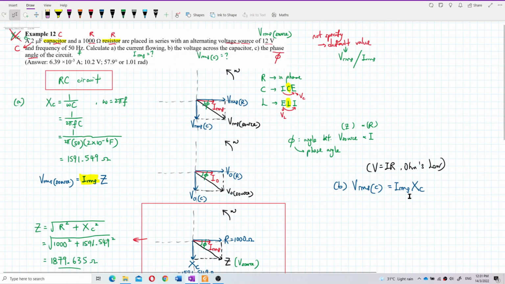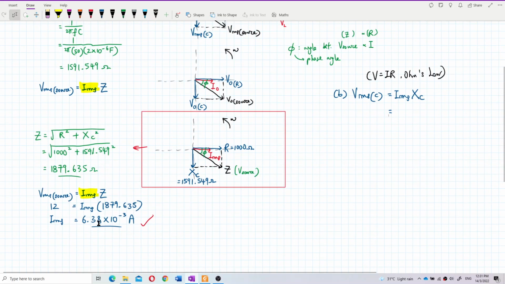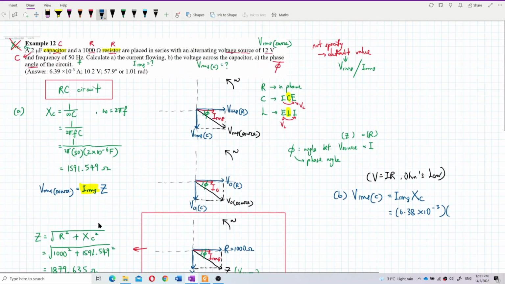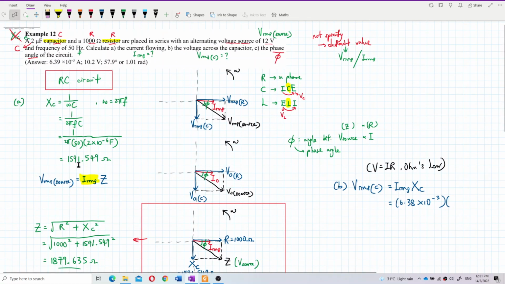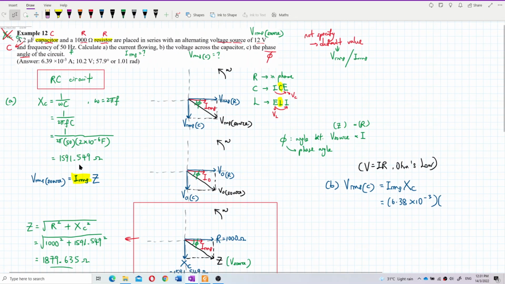Okay, let's calculate. I have the IRMS already, which is 6.38 times 10 to the negative 3. XC is 1591.549.